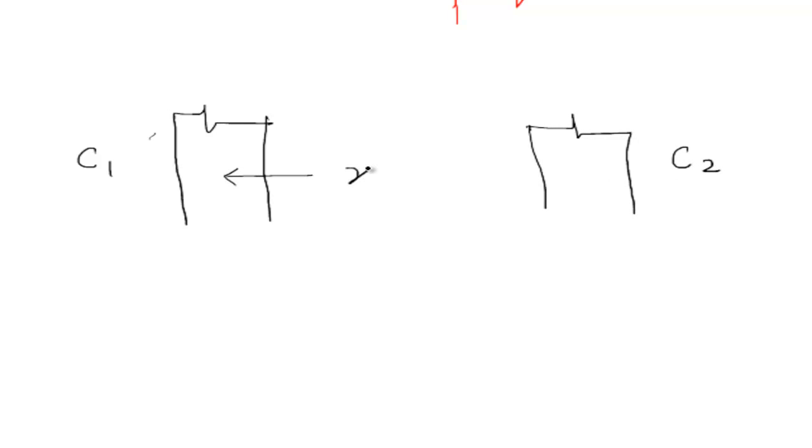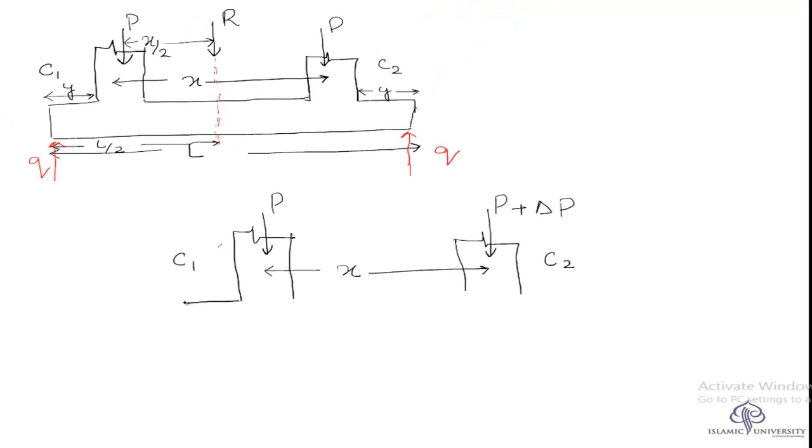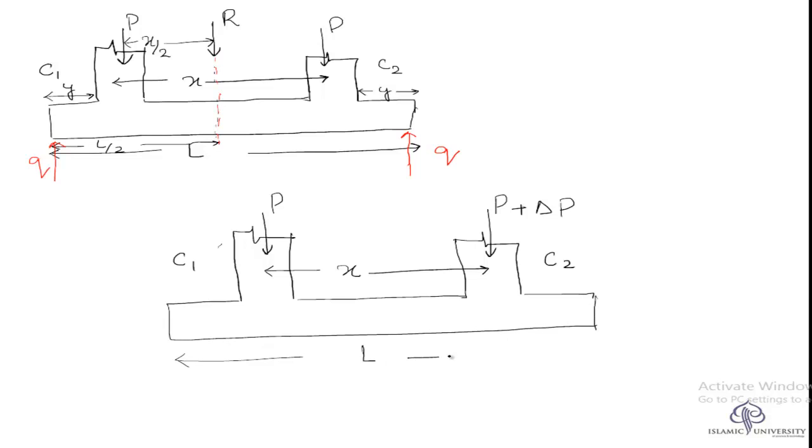If again we have two columns, column 1 and column 2, spaced at a distance x center to center, let the load on column 1 be equal to P and the load on column 2 be equal to P plus delta P. Again, if we provide a rectangular combined footing here having length equal to L, here the CG of loads will lie more towards column 2, but the CG of the footing will be at a distance L by 2 from this edge of the footing.